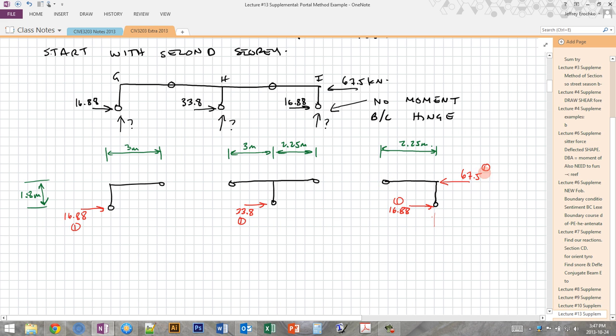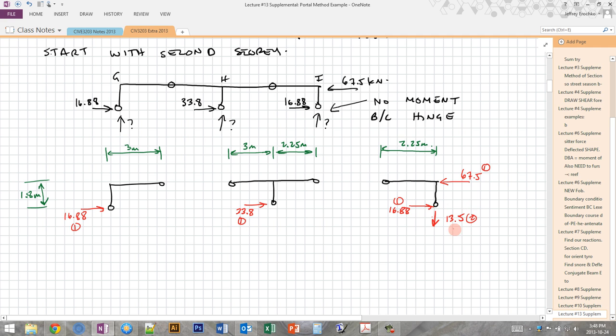So in order to start that process, and I'm not going to do this explicitly, but I will number the order. So these ones are number 1 because they were in the first step, which was the knowns. So the first one I'm going to do is sum of moments about this pin, okay, here, to find this vertical reaction. So I'm going to get that this is 13.5. Okay, so I'll number that 2.